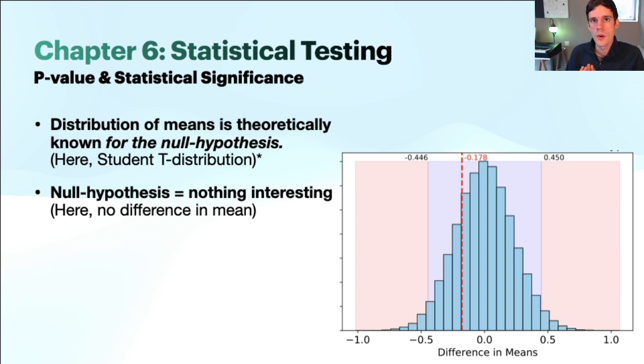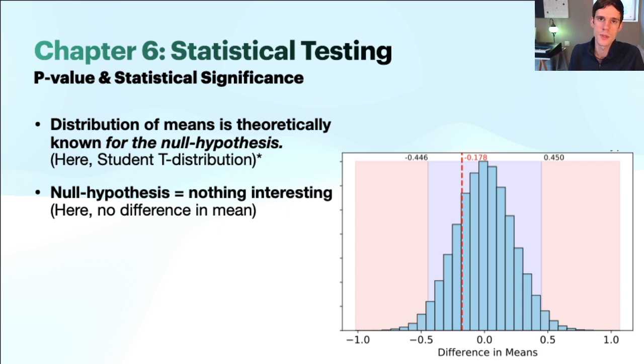The fact that we now have this distribution at our disposal is crucial to the entire reasoning underpinning statistical testing. Now we have two ingredients. The first one is the specific value that we got by calculating the difference in means of our two specific sample datasets.